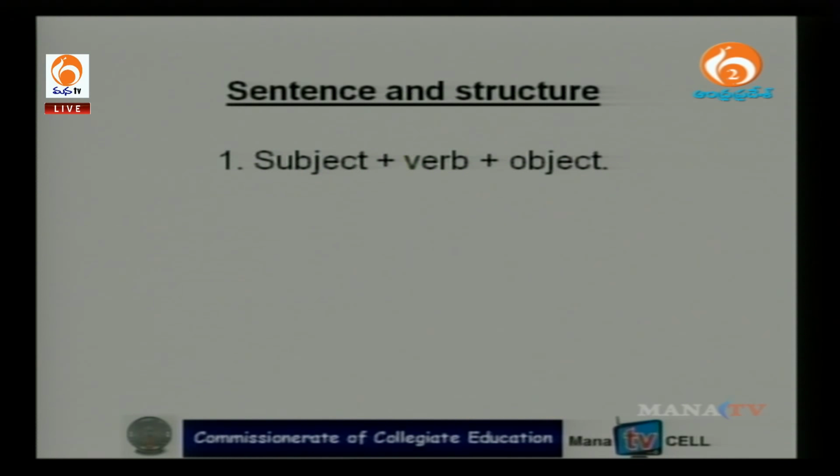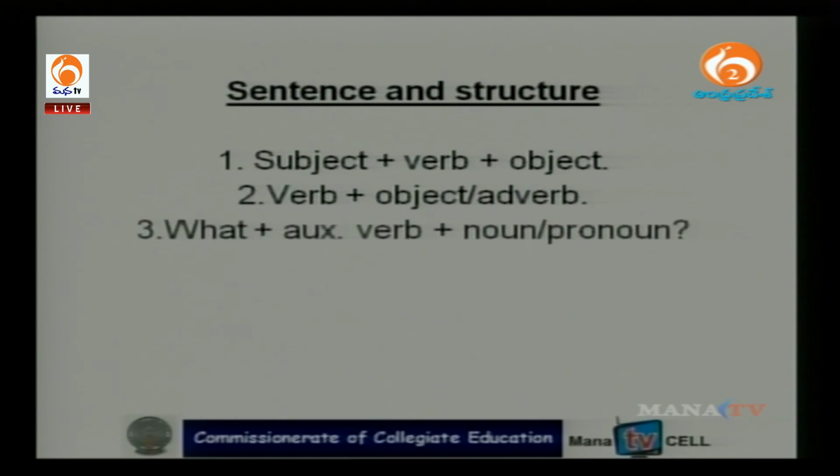Generally, every sentence has a structure. Just to remind you, I am showing this. In the simple sentence, generally you find a subject, verb and object, and sometimes in an imperative sentence you will find a verb and then an object or an adverb. In a question, generally you will find the WH word and an auxiliary verb, and after that a noun or pronoun, with a question mark at the end.